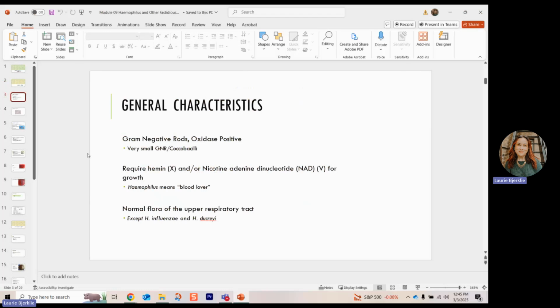You might hear them called gram-negative coccobacilli, but they are truly a gram-negative rod, just very, very small. When I was first learning microbiology, I even heard them called junk in the background because they're so small and hard to see sometimes.